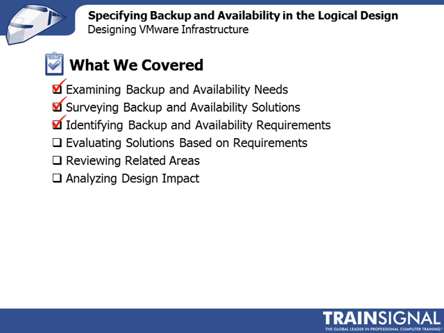After that, we looked at how we could go through the requirements or design factors that we created as a result of the analysis and assessment process and identify which of those help or specify backup and availability needs. We then looked at evaluating solutions based on those requirements, determining which solution would be best suited for a particular need, and reminded ourselves once more that we have to be sure to consider design impact.